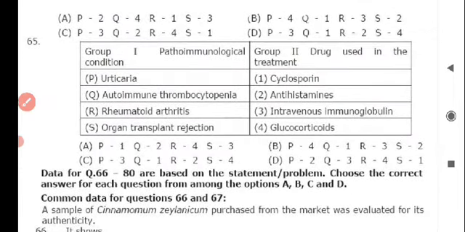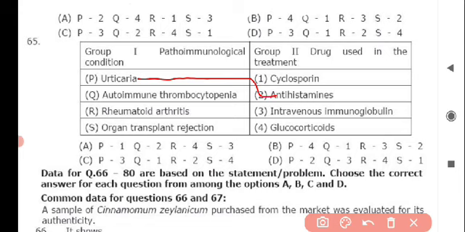Now the next question, or last question for match the following type MCQs. In this, the first column contains pathoimmunological condition, while column 2 contains drug used in the treatment group. For the first option, that is urticaria, the correct answer is option number 2, that is antihistamines.